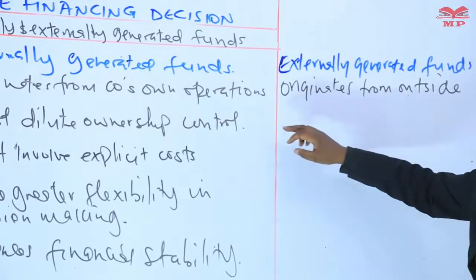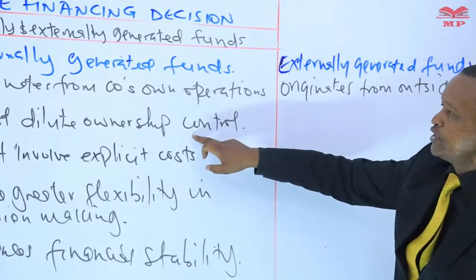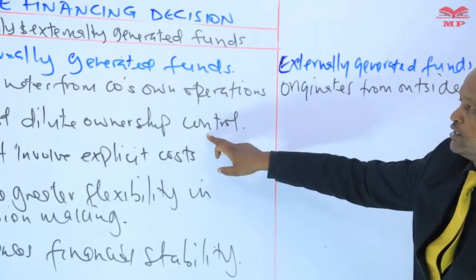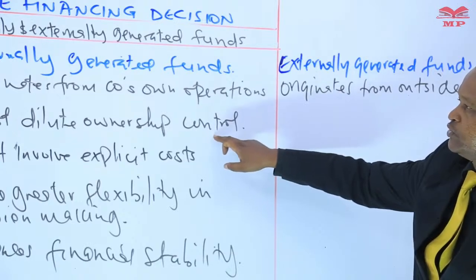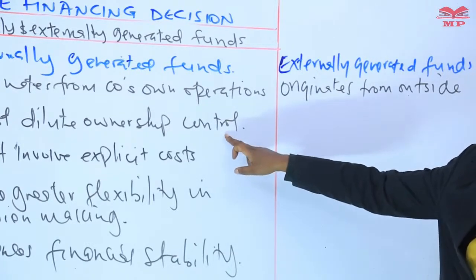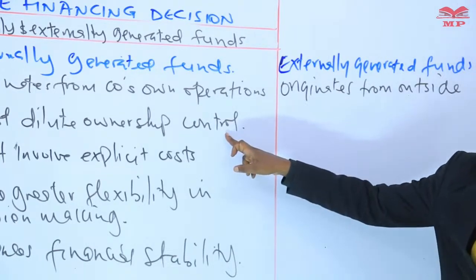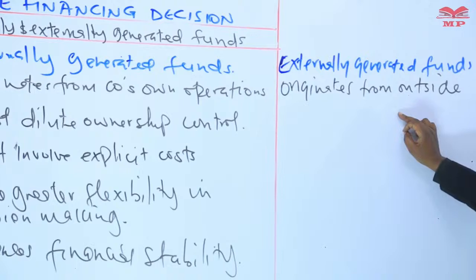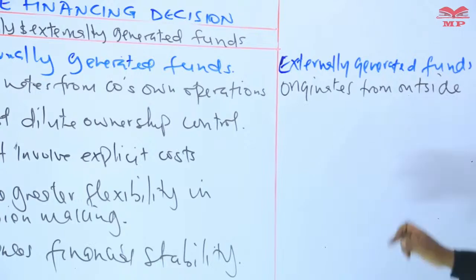We also distinguished the two based on ownership, and we stated here that internally generated funds do not dilute ownership control. But externally generated funds often involve external investors or creditors, leading to potential dilution of ownership control.